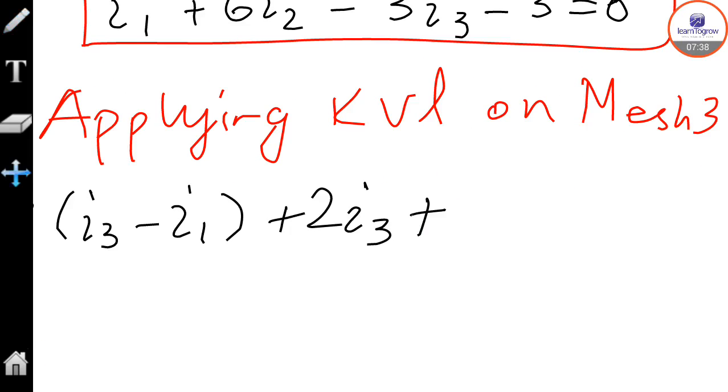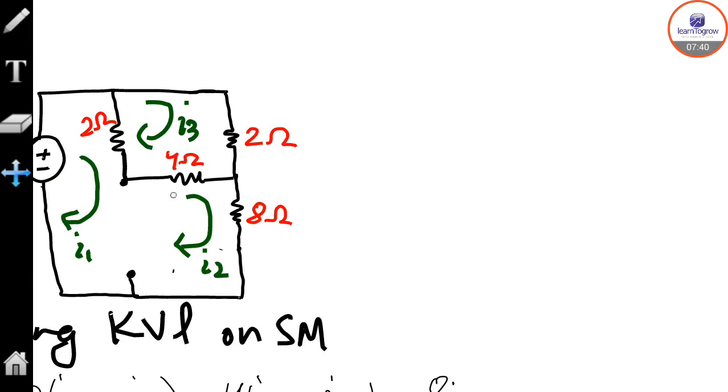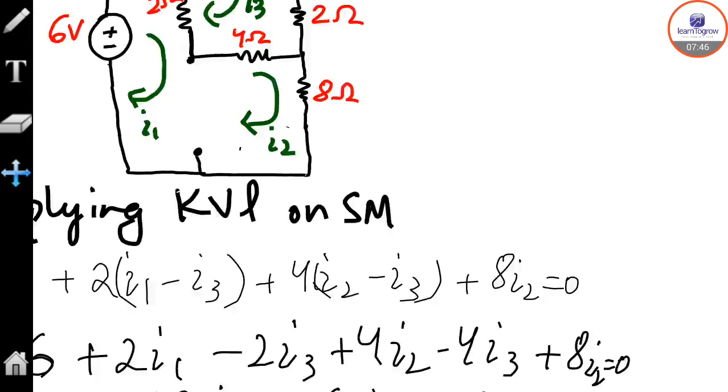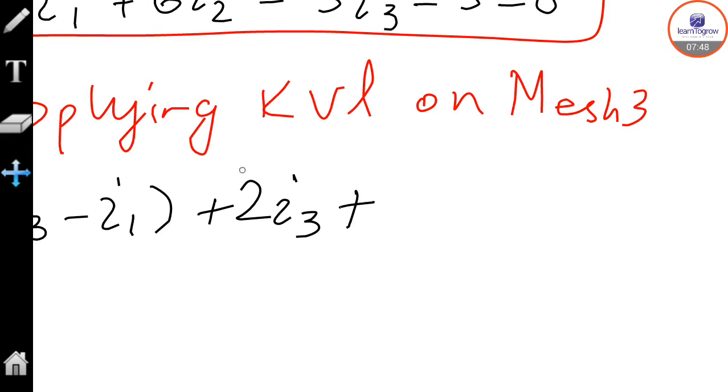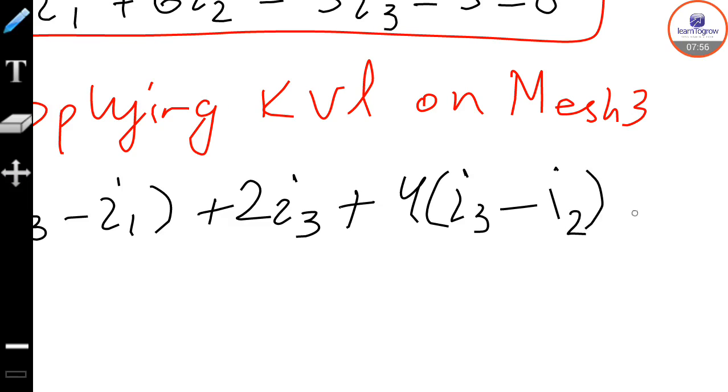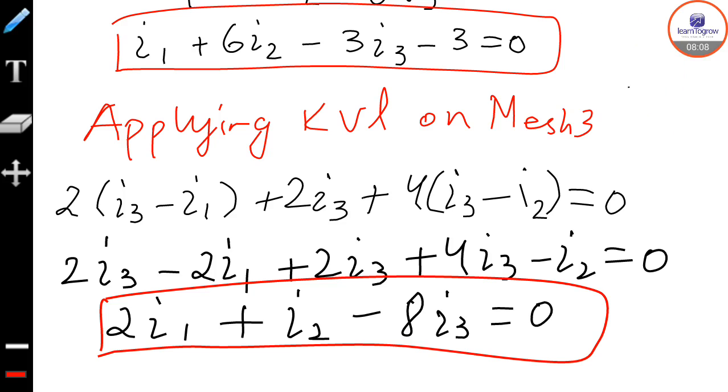And then our resistor of 4 ohm is in between I3 and I2, so 4 times I3 minus I2 is equal to 0 according to KVL, because KVL says the sum of all voltages in a loop or in a mesh is 0. So I will simplify it. You can see I have successfully simplified my second equation from mesh 3.